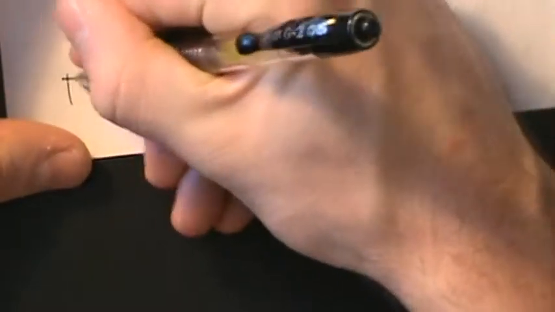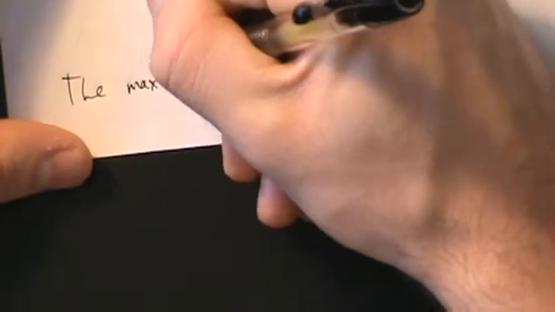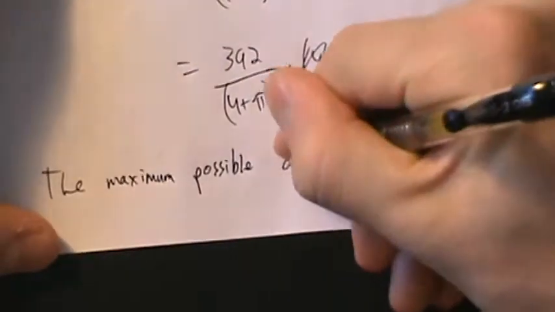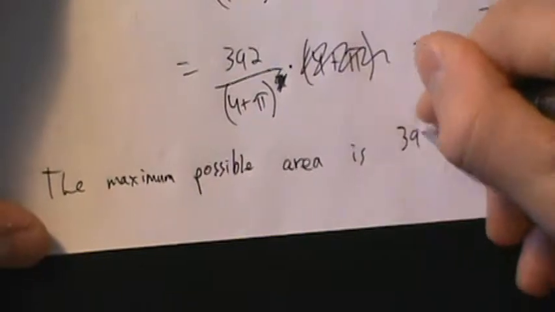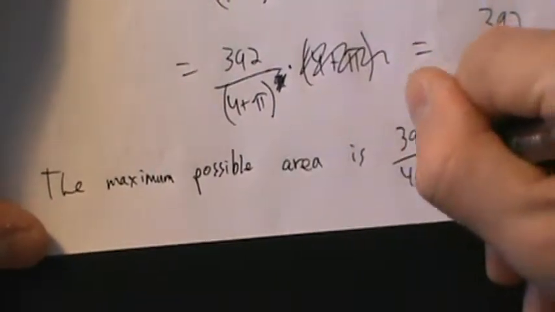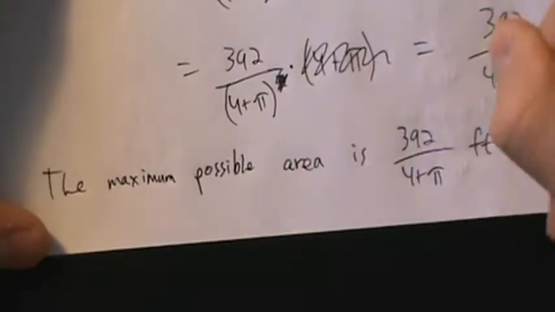So that's as simplified as that can be, so the maximum possible area of the Norman window is 392 over 4 plus pi feet squared. Okay?